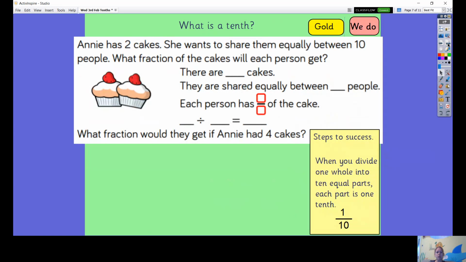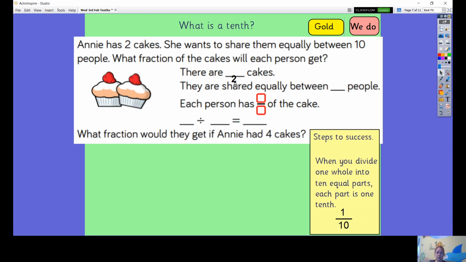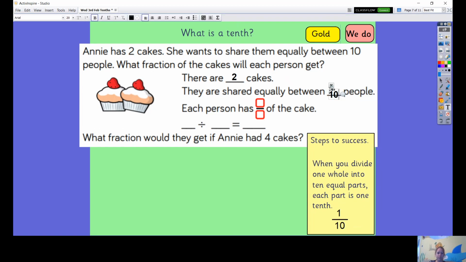Okay, next one. Annie has 2 cakes. She wants to share them equally between 10 people. What fractions of the cake will each person get? So there are 2 cakes and they're shared equally between 10 people.